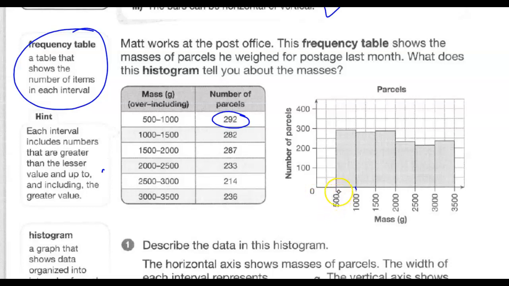So they're greater than 500 up to and including 1,000. In this case, we're not making a frequency chart from raw data, but that's what you would have to do, that interval thing, if you did. Most times you're going to be given it already. Okay, and then it's labeled mass, number of parcels.